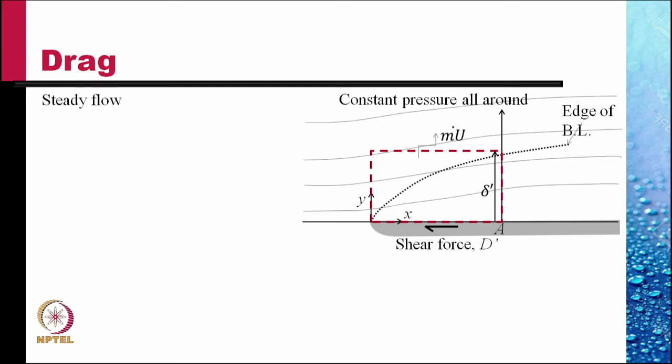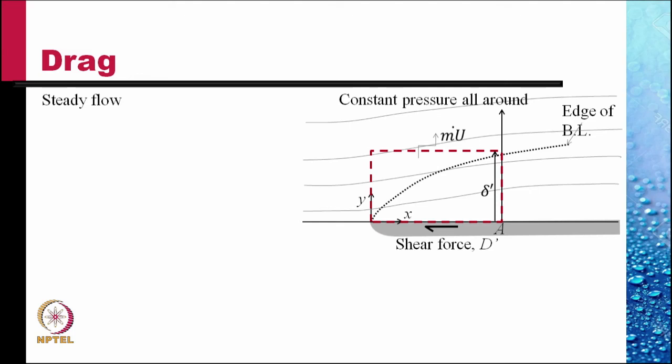There would be a flow leaving the upper surface of this control volume. Let the rate at which the mass leaves this upper surface of the control volume be m dot. So, the momentum it carries is m dot times capital U, the inviscid velocity, the x momentum.